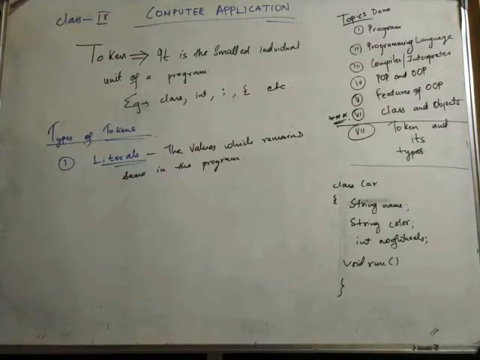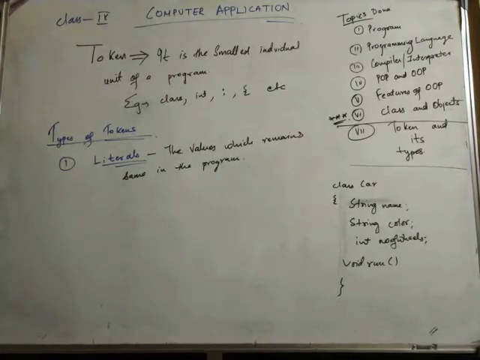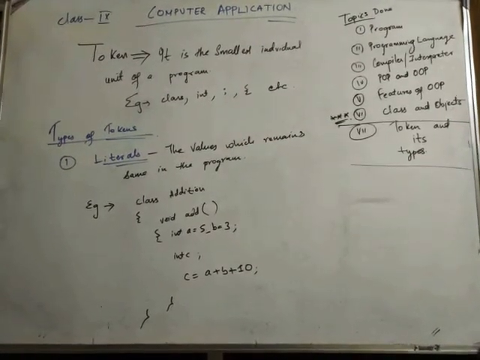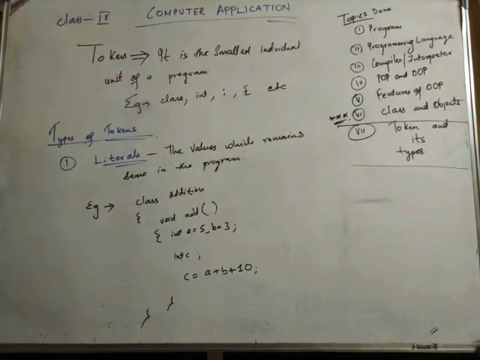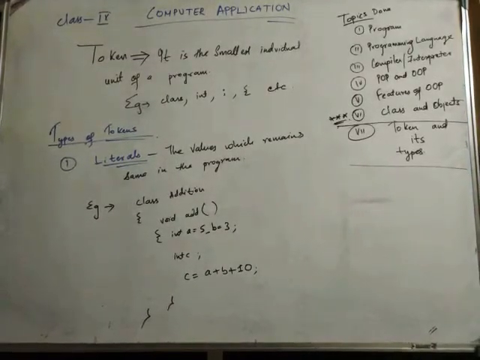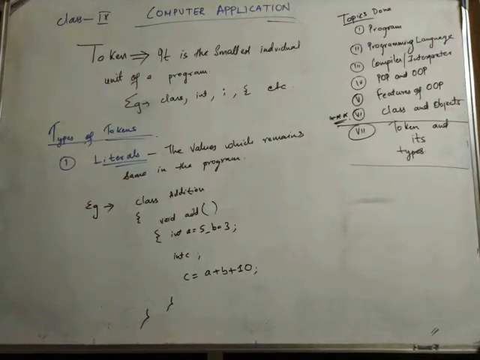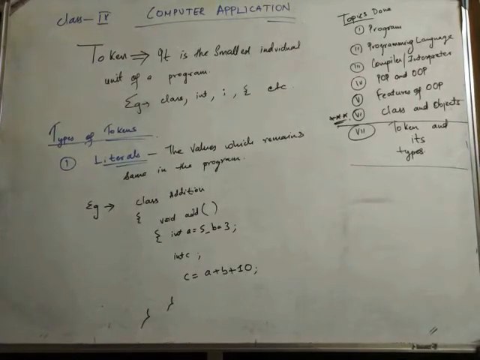Now to understand that, let's take an example. We write a small program here: class Addition, and the opening braces, void add, int a, comma, b equals 5 and 3 are the values of a and b. I told you before also, when we want to enter whole numbers, we'll take int.